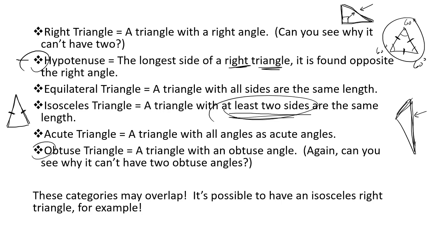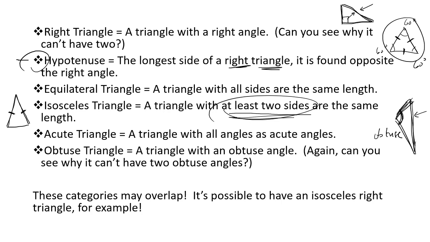As opposed to an obtuse triangle, where you have an obtuse angle inside the triangle. So I've tried to draw this as being an obtuse triangle here. This angle is meant to be greater than 90 degrees. And again, I'll leave this as an open question why you can't have two or more obtuse angles inside of a triangle.